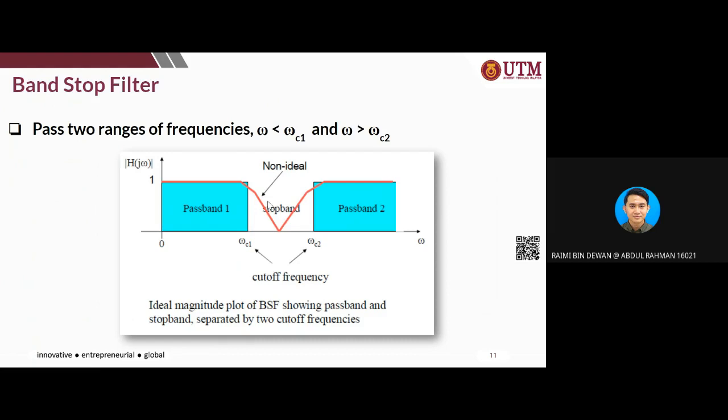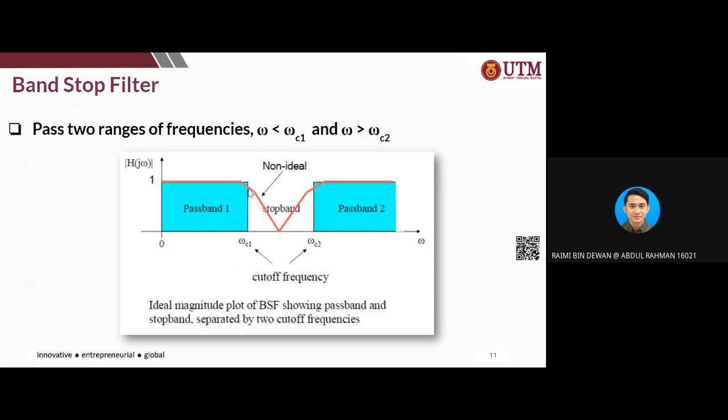So you can see the green one shows the ideal bandstop filter, and it only stops the frequency in between, which is our stop band frequency range. Again, we have omega c1 and omega c2. At omega c1, any frequency less than omega c1 will be allowed to pass through.